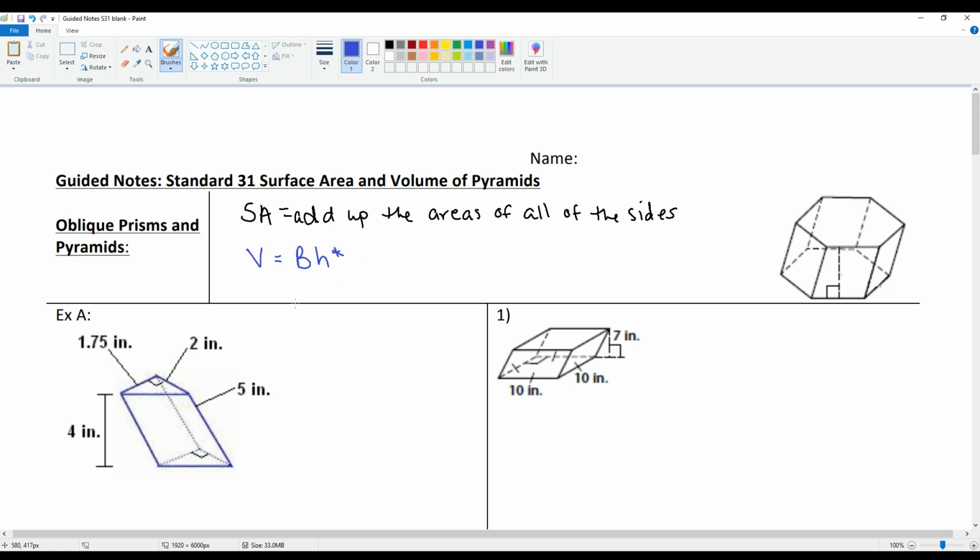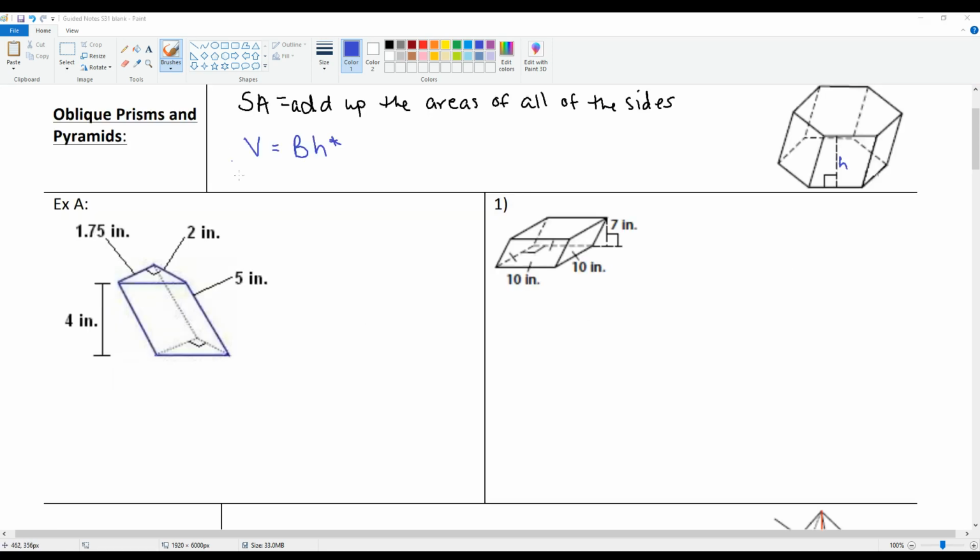It is not a height for one of the sides or one of the bases or anything like that. It is the height of the shape. So in our picture here, the height can be found right there. I can spot it because it's making a right angle with the base of the shape.